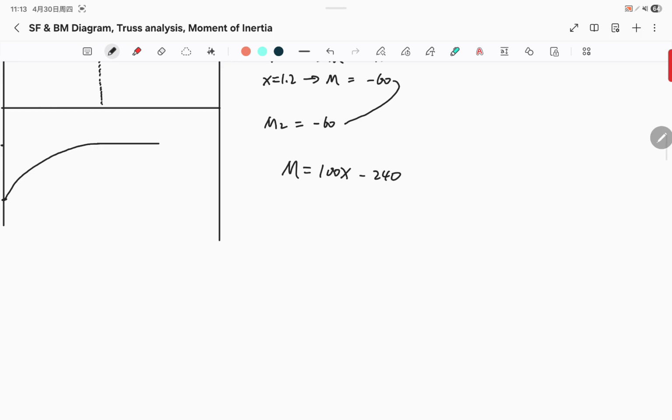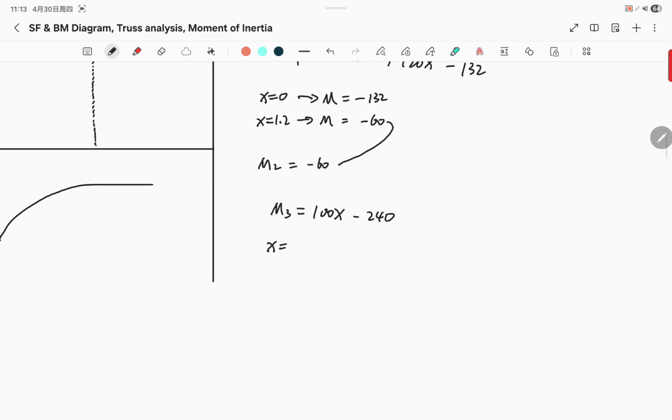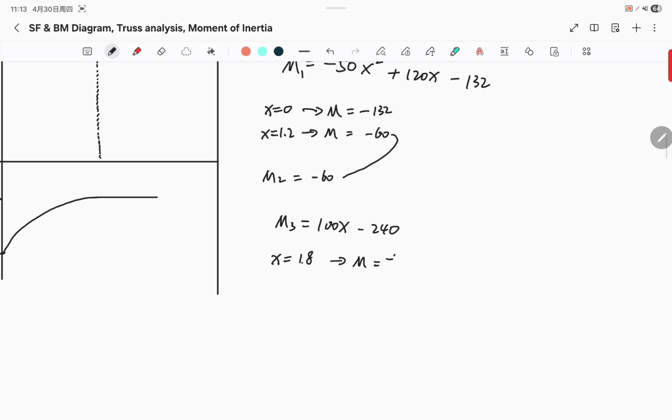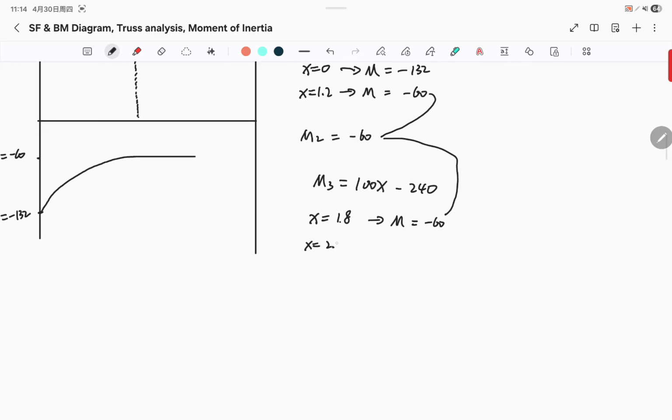And then we can double check. When x is equal to 1.8, M is what? It is indeed 60. It is the same as the previous M. And when x is 2.4, M is what? 100 times 2.4 minus 240, that gives me 0.